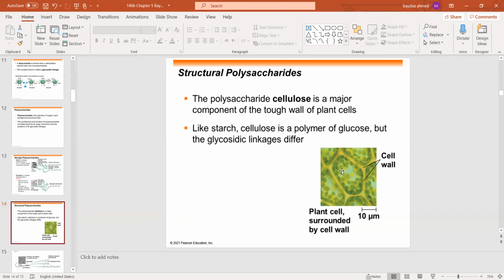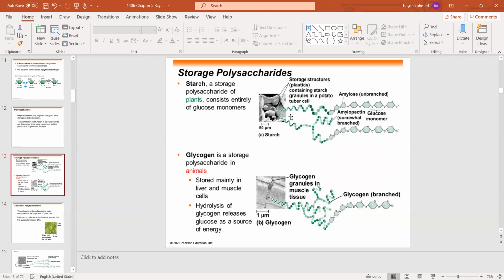Like starch, cellulose is a polymer of glucose too, but the glycosidic linkages differ, which gives the two molecules distinct three-dimensional shapes. So starch molecules are largely helical, as you see here. The starch molecule is helical.